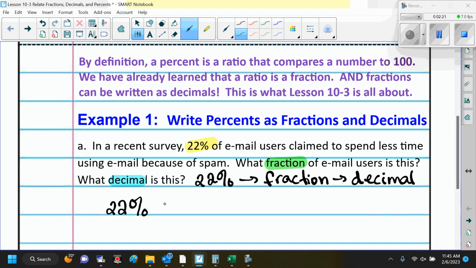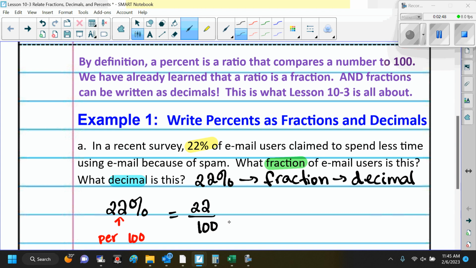And we want to change that to a fraction. Well, remember, 22% means 22 per 100. Very good. Per 100. So we can write 22% as a fraction by writing what over what? 22 over 100. Is everybody clear?